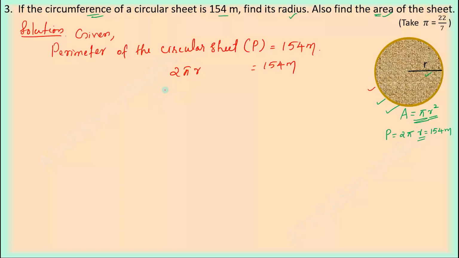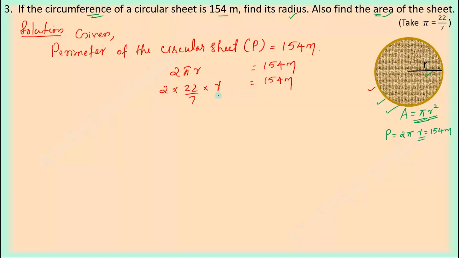Now we can put the values. 2 into pi, it is 22 by 7, into r, that is the radius that we have to find out. So write as it is, that is equal to 154 meter.